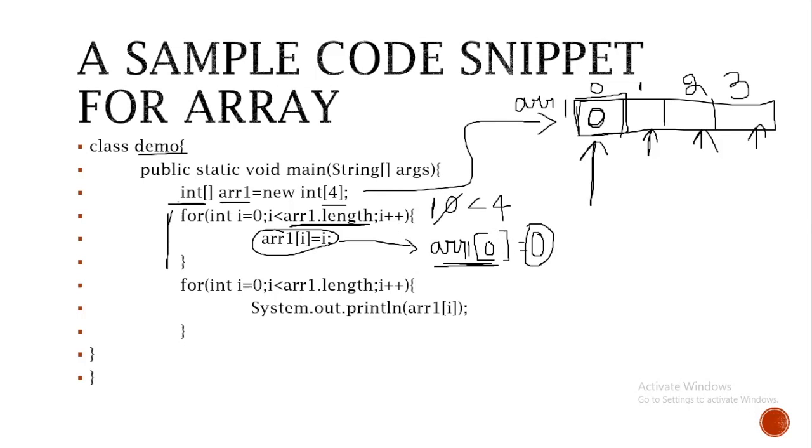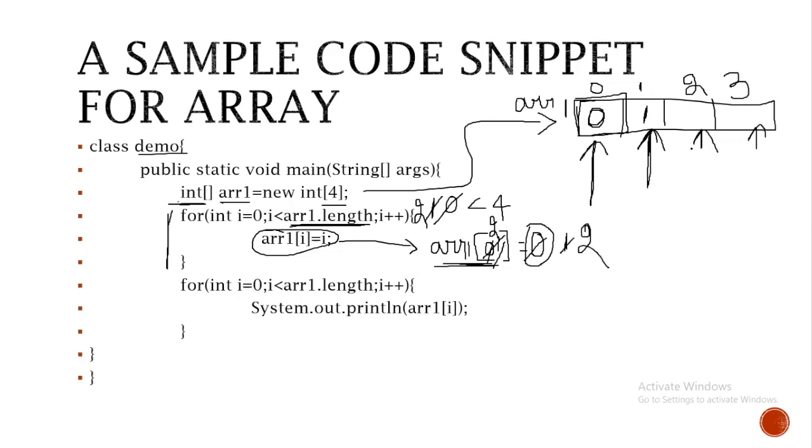So instead of 0, we will have 1 here and we will have 1 here. So now we are pointing at this block, array1 of 1, and we are putting the value 1. Now the same proceeds again, i plus plus. Now the value of i is going to be 2. We change it here as well. So this will now be 2 and this will now be 2.